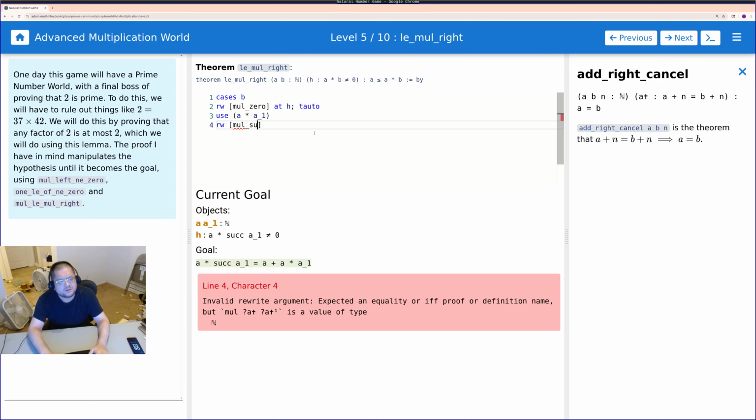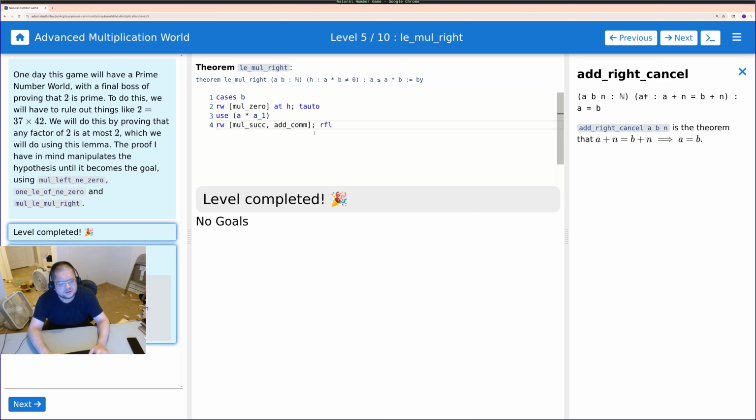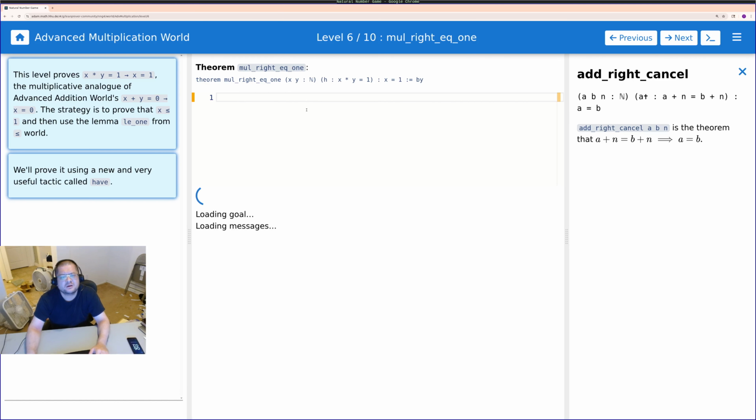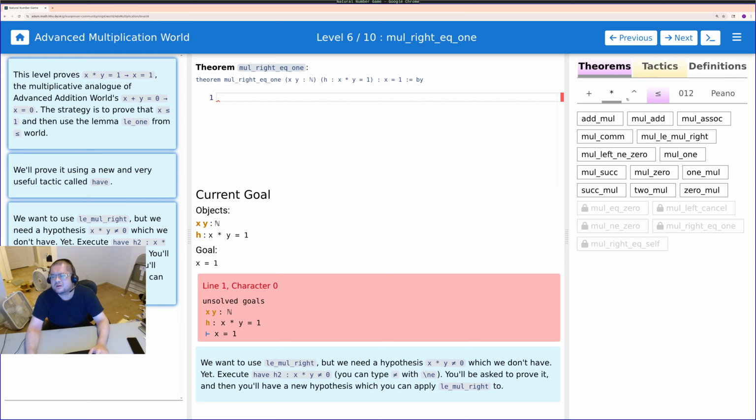Rewrite multiply this, and that should do it. Great. What lemmas do we have here?